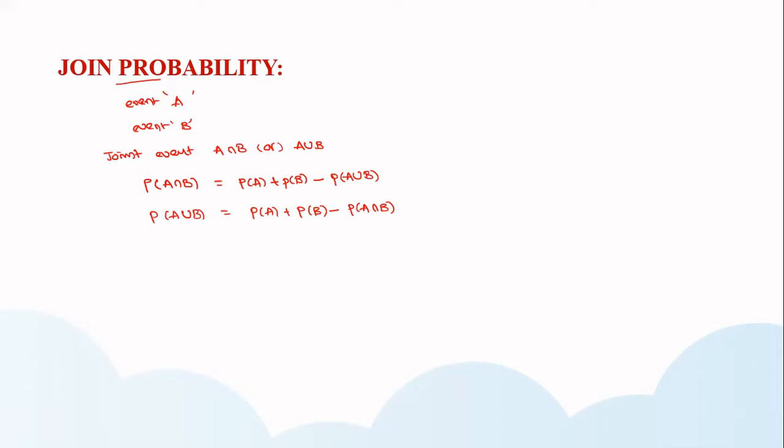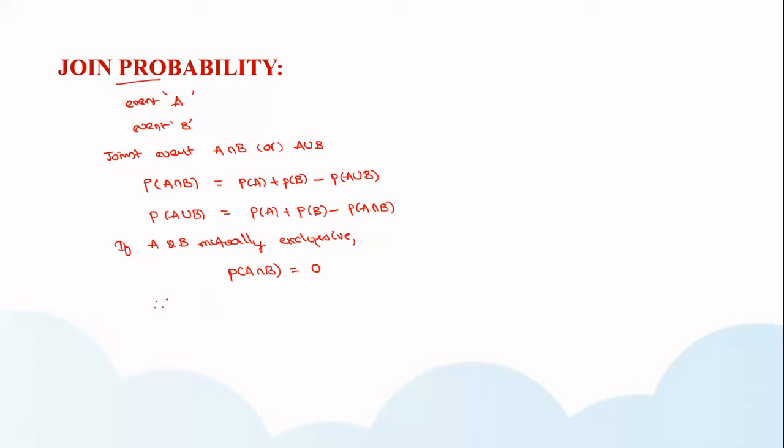Suppose events A and B are mutually exclusive, then you already know the probability of A intersection B is equal to 0.